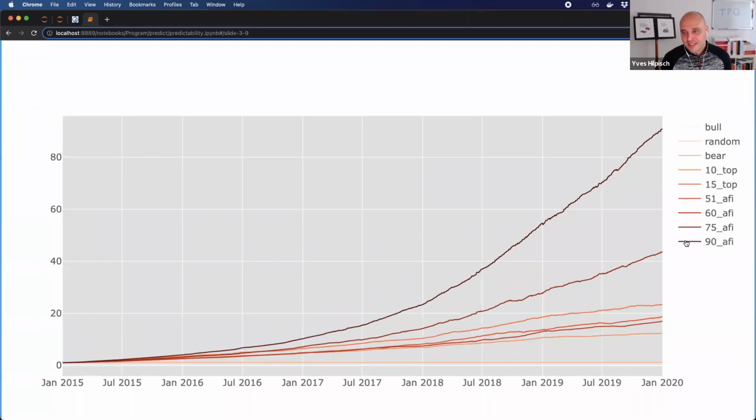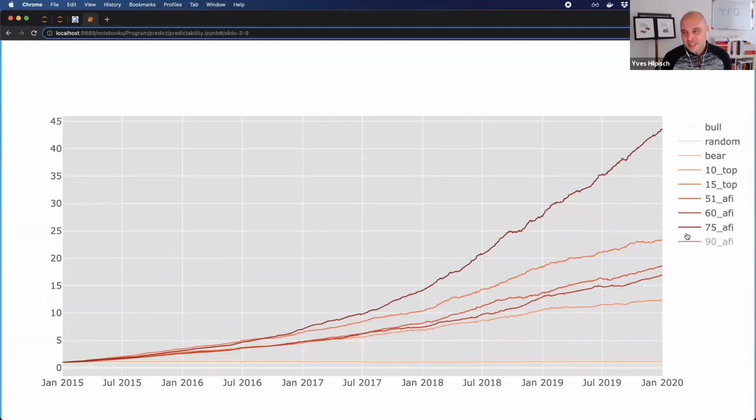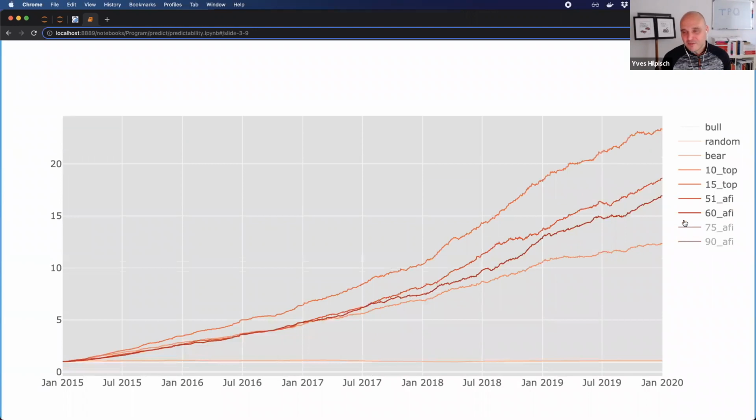When I turn this off, we get the rescaling. So that's the 75. This here is the 15. Here the 15 top. See the hover effect here. That's the 51. That's the 60. Here you see, for example, the 51 and 60.